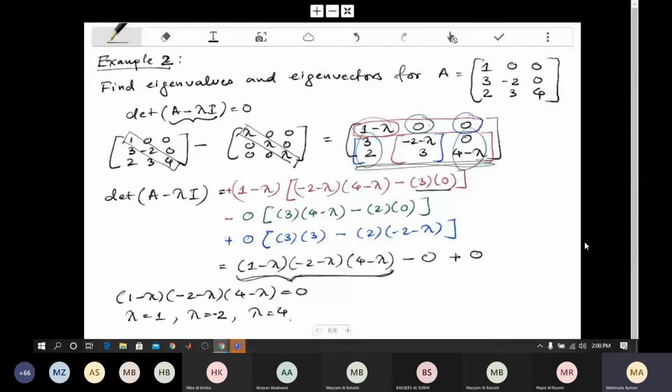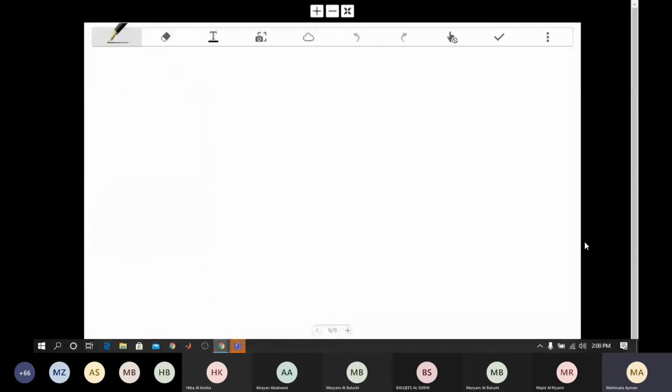So first let's go ahead and find our eigenvector related to eigenvalue 1. So how do we find that?